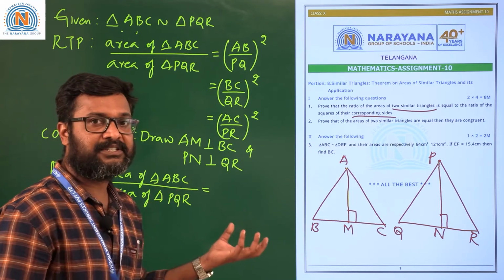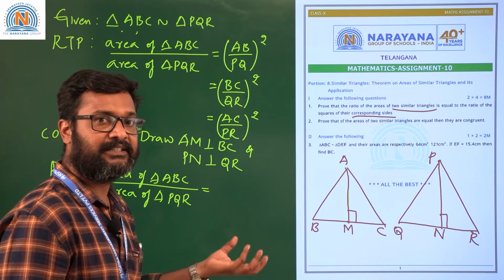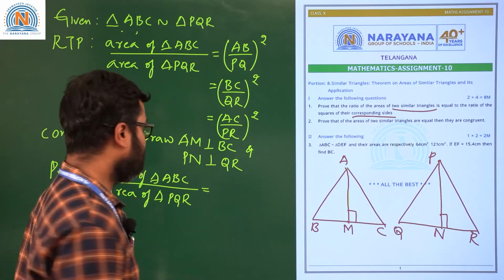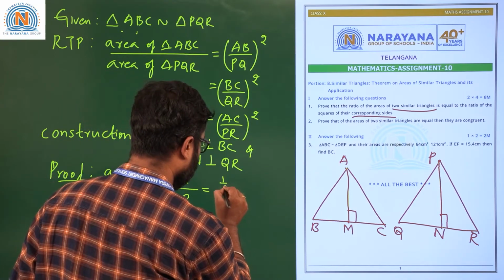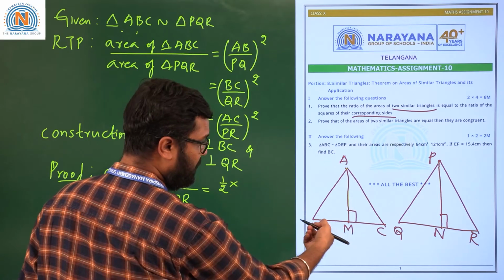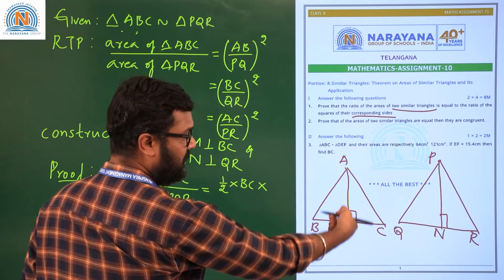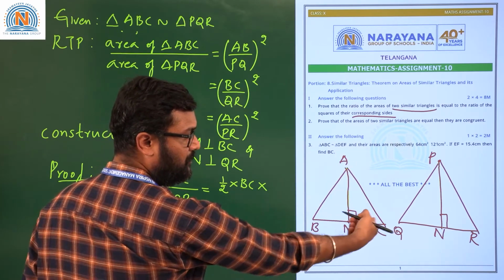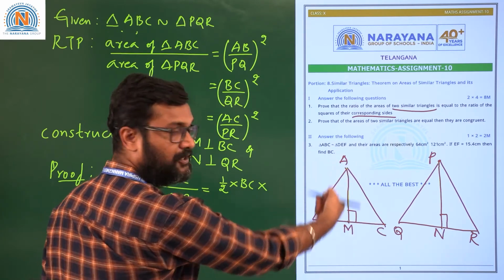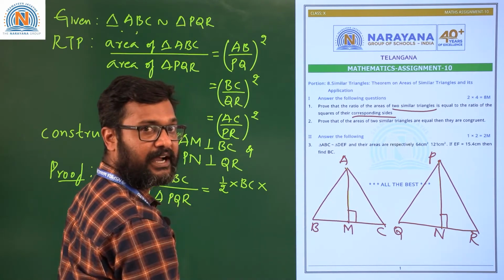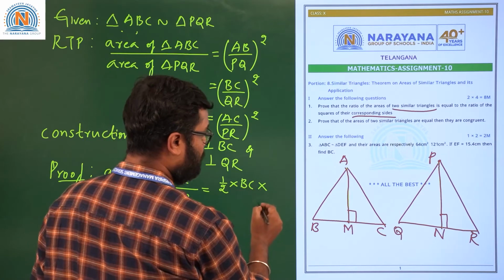How do you find the area of a triangle? Half into base into height. So half into, what is the base here? BC. What is the height? That is AM, which is perpendicular to BC, so this will be the altitude of triangle ABC. Altitude is nothing but height. So half into BC into AM.